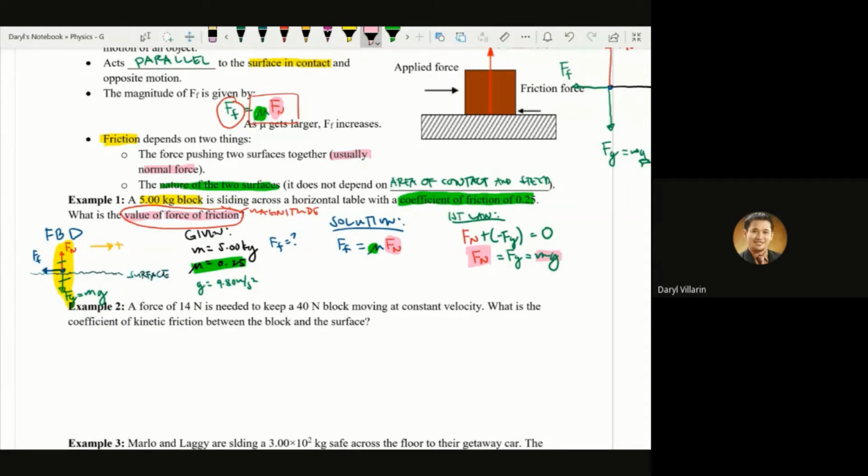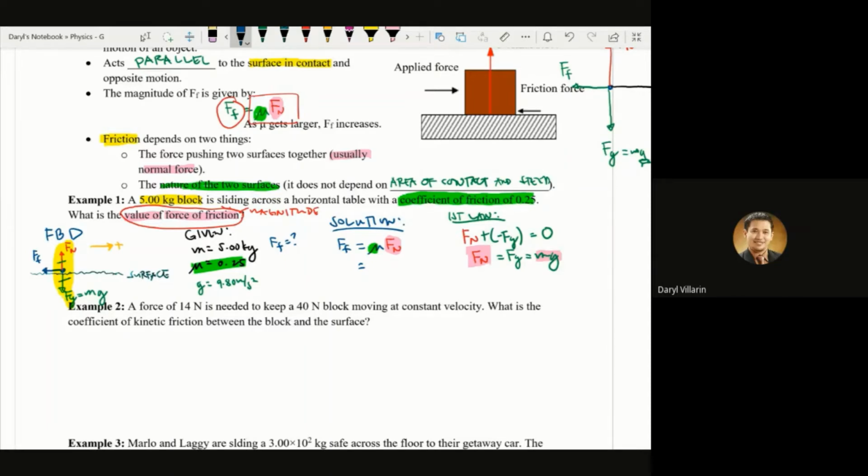So again, this is only true in this particular case: it's lying flat horizontally on the surface, and there's no additional force being exerted on my box, downward or upward. Because if there's an additional force downward, that would affect the value of your normal force. So hopefully you can remember that.